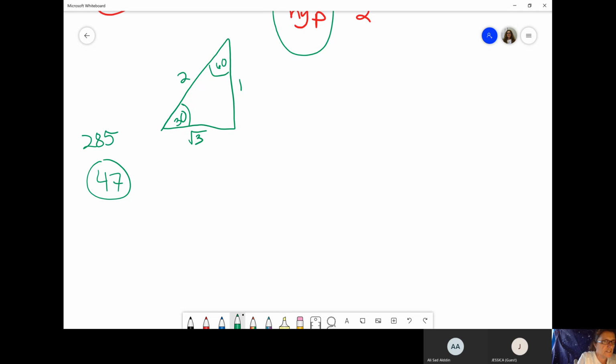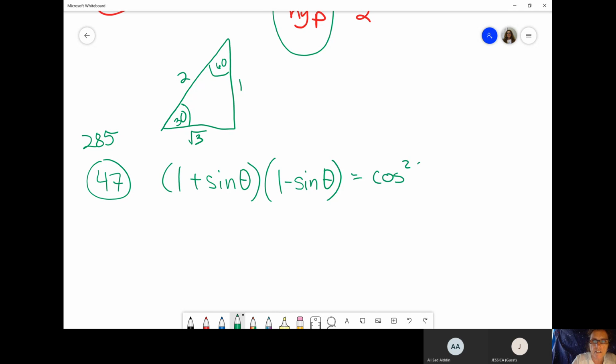Number 47 is 1 plus sine of theta times 1 minus sine of theta, and that's equal, supposedly, to the cosine squared of theta. So it says use trig identities to transform the left-hand side into the right-hand side. How would you do that?